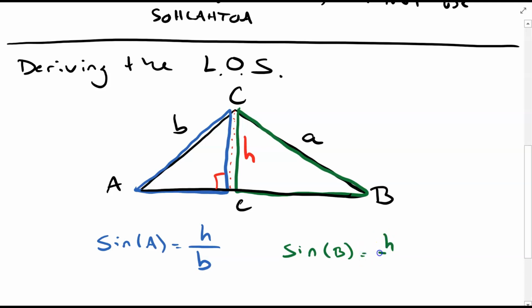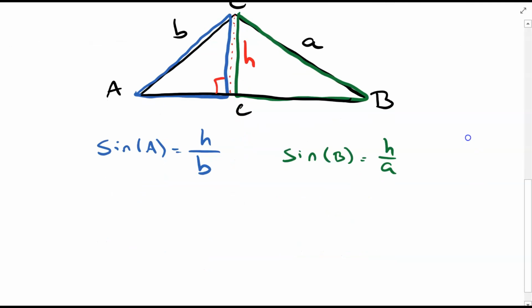I can say sine B is equal to h over a. Everybody good with that? I'm now going to take these 2 equations. I notice each of the 2 equations contain the variable h. So I'm going to solve each of these equations for h and then set them equal to each other, because that's something we can do.